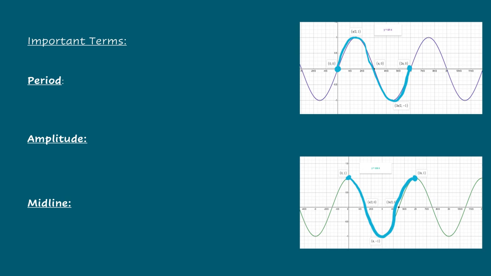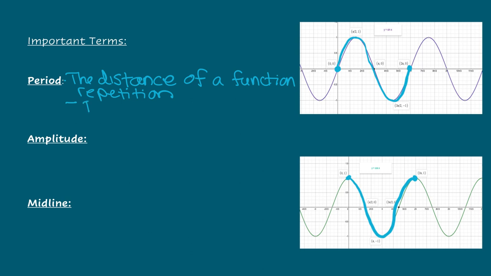So a period is the distance of a function's repetition, the distance of repetition. Or you might see it as the length of a complete cycle.